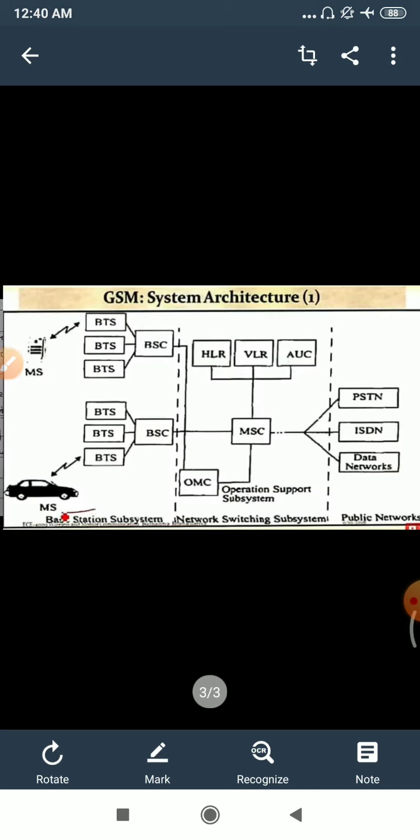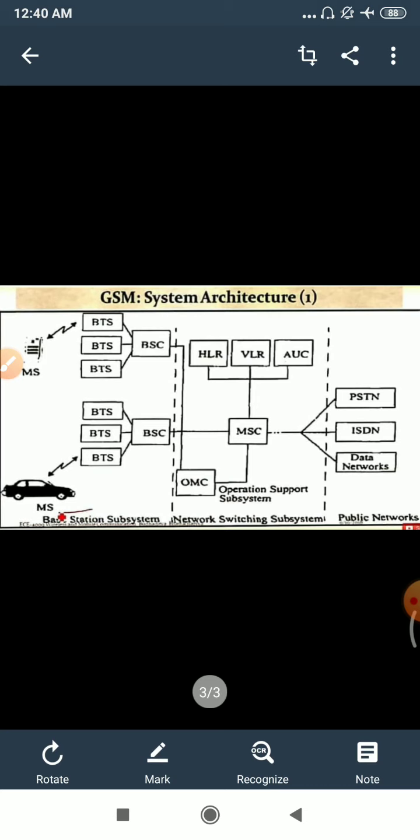Now look at this diagram. Here we can have more understanding about the interfaces. Initially in the first diagram you can see the interfaces. See, the BSS and NSS are connected by the dotted line. So this dotted line is nothing but the interface called the A interface.